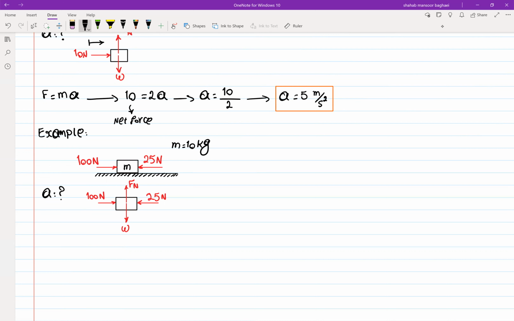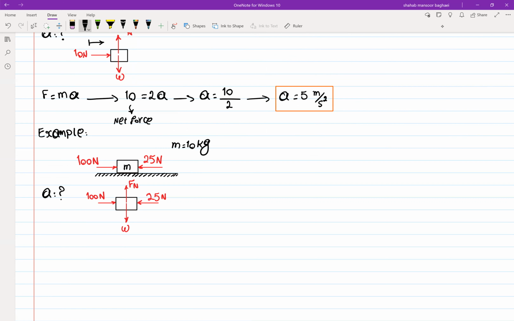What do you think? Where is the motion of this block? Where is the direction? If you look at this figure, you can figure out that 100 newtons, which is along x-axis, is dominant force. In other words, the first force, 100 newtons, is higher than the second force. Consequently, 100 newtons will dominate 25 newtons.